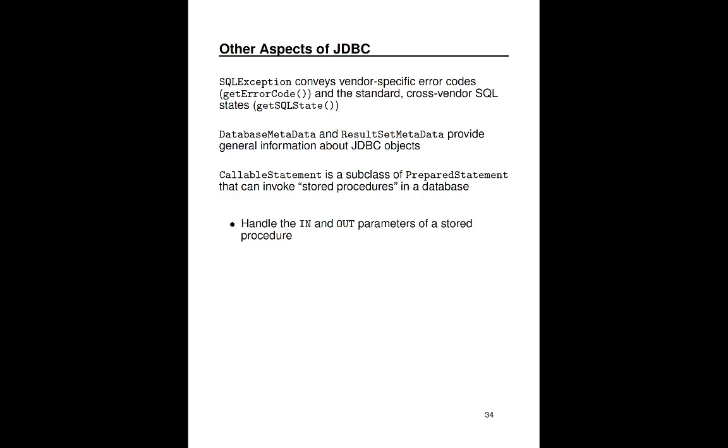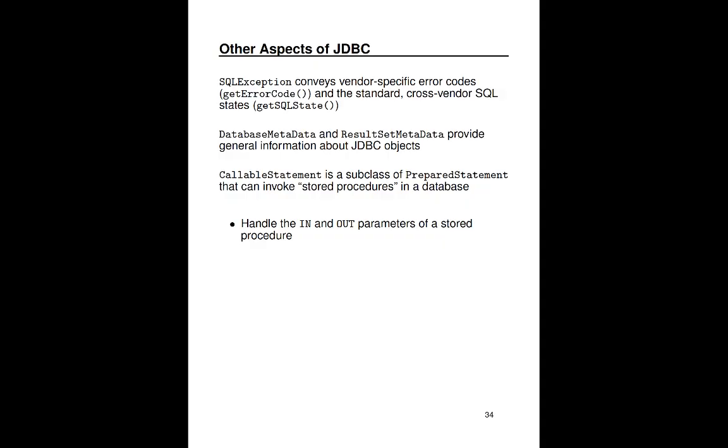So you can get some more information, and database vendors will tell you what it means to get error code 473. I mentioned before that there is a database metadata. There's also something called a result set metadata, which are objects that tell you about the JDBC driver or the database schema or more information about the result set. Probably not stuff that you'll be using in your programs, but if you're using a tool that works with databases generically, like a database browser or something that lets you modify the schema, those APIs come in very handy.